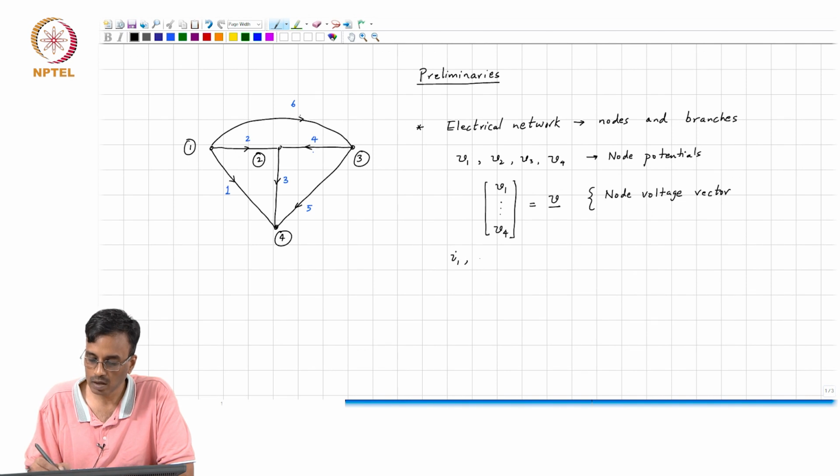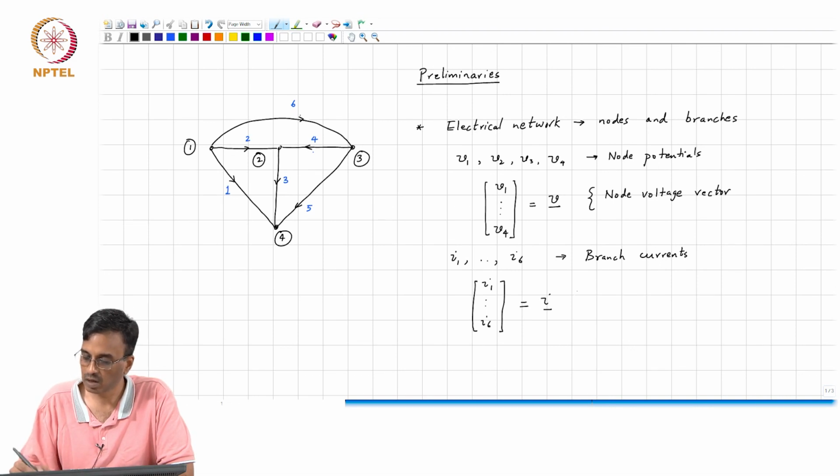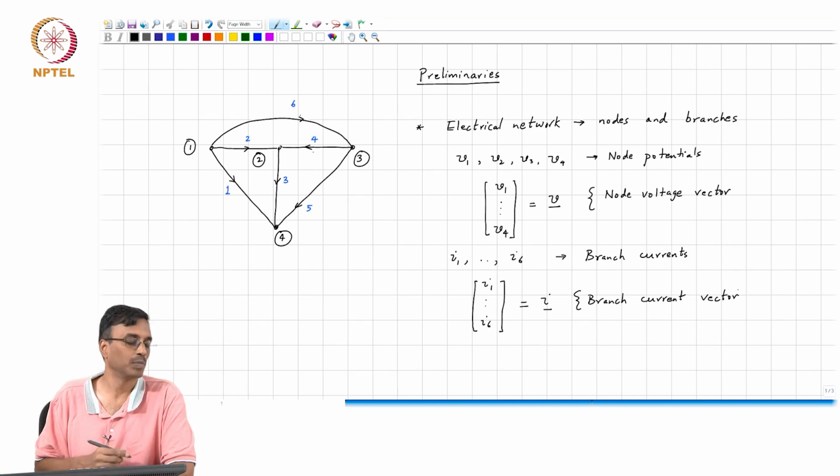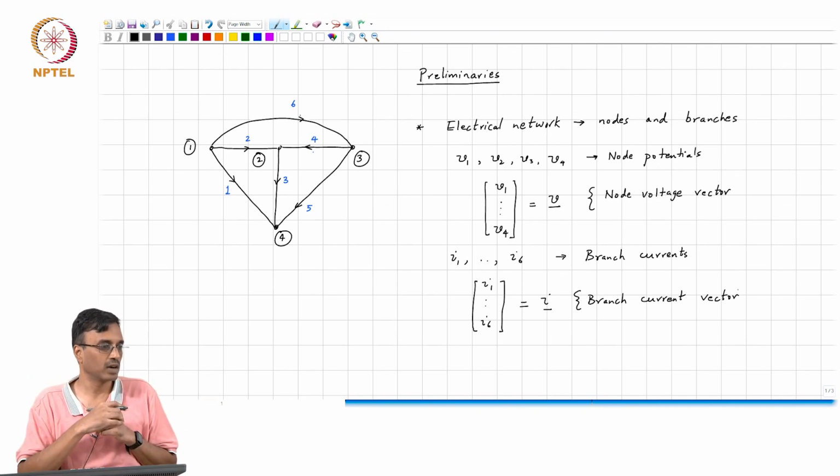So, I1 through I6 are the branch currents, and likewise, I1 through I6 we call the branch current vector. And this picture is simply, as you all know, the skeleton on which the real network is formed.